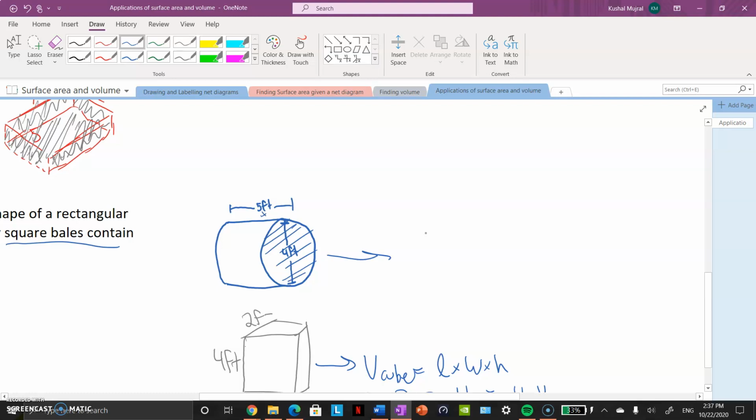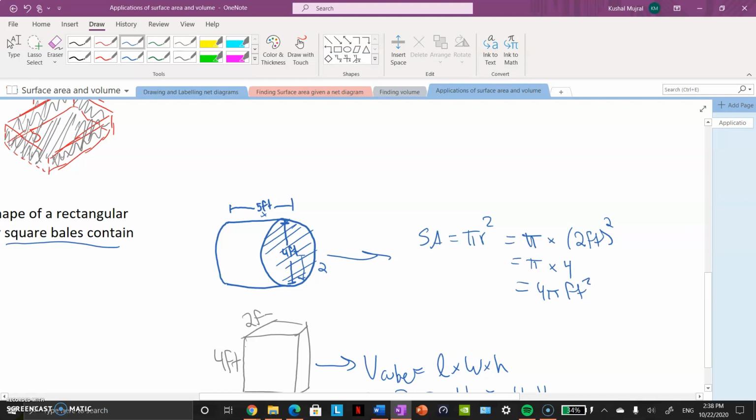So the surface area of the disk, SA, is pi r squared, which is, oh, not 4, sorry, pi multiplied by the radius. The radius would be 2 feet squared, which becomes pi times 4, which is 4 pi feet squared.